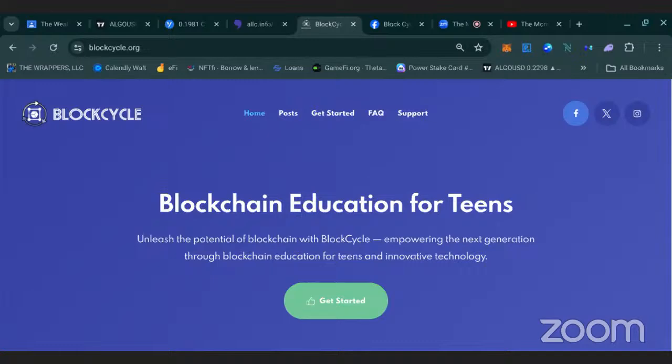I tell them it's just like QuickBooks. Just like you can use QuickBooks to run your business, you can use Block Cycle Labs. We can put a team together for you, put a solution plan together for you and help you upgrade your business. So that's a quick rundown of what Block Cycle Labs is and what you can do with it.